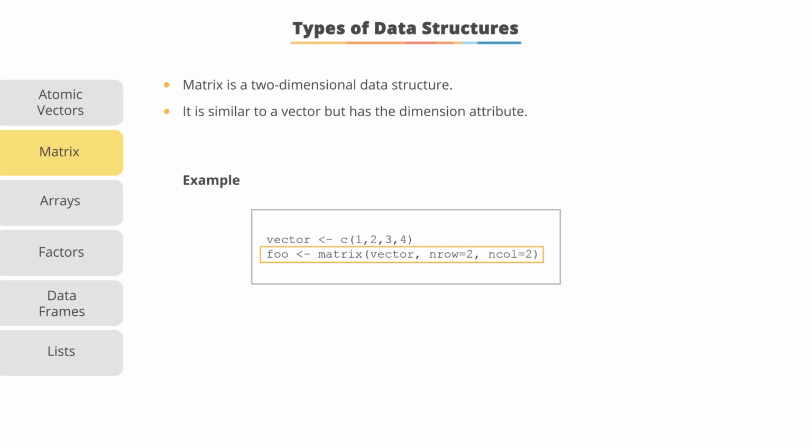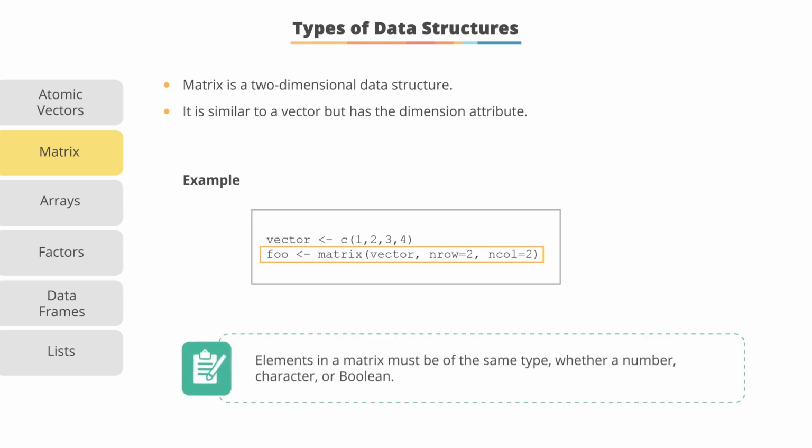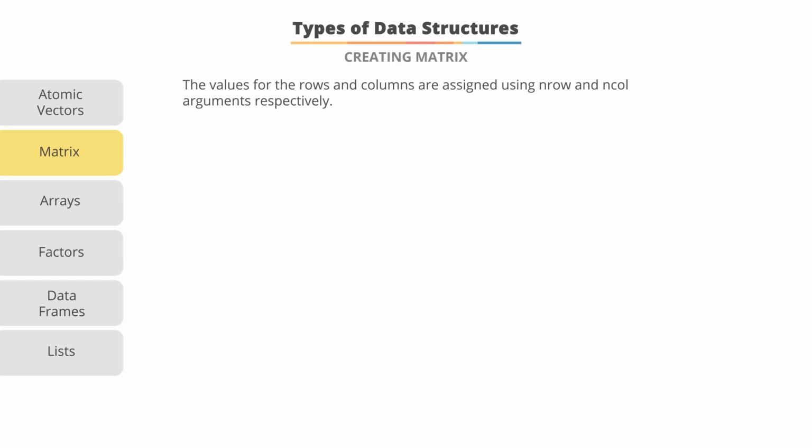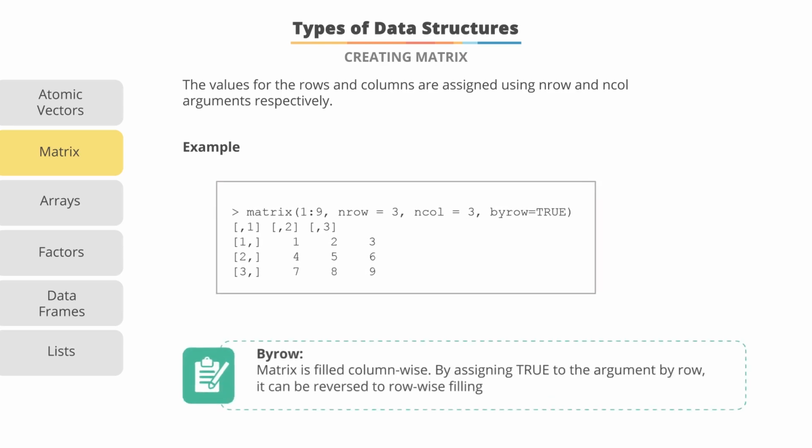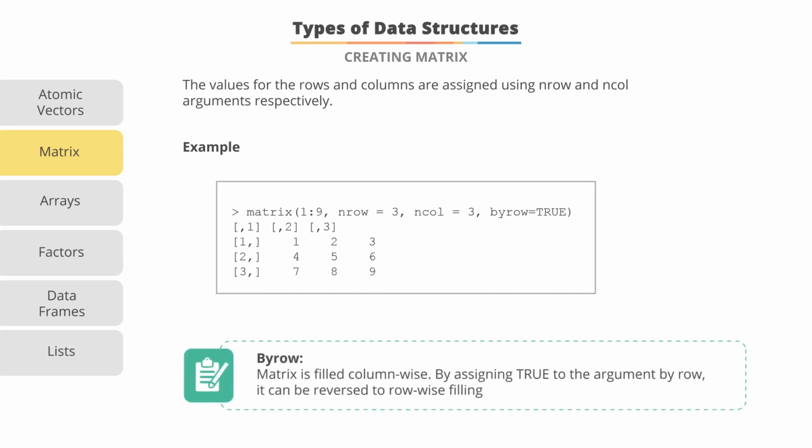Now it's important to note that elements in a matrix must be of the same type, whether that's a number, character string, or Boolean. So the values for the rows and columns are assigned using nrow and ncol arguments. Now, by default, if you don't include an assignment, matrices are filled column-wise. So in this example, you can see we wanted to create a matrix with the numbers 1 through 9 and have 3 rows and 3 columns.